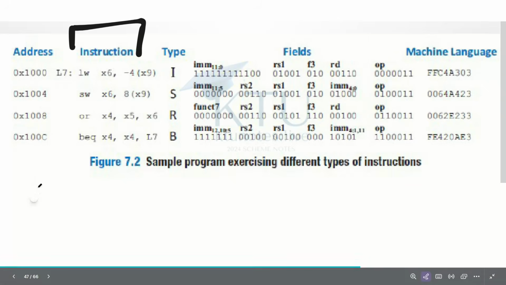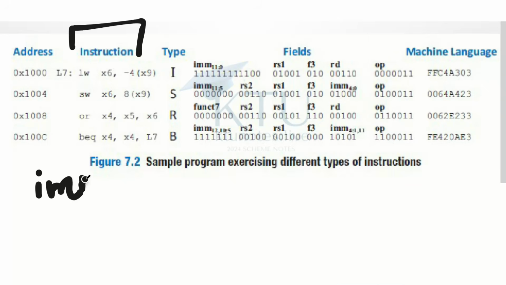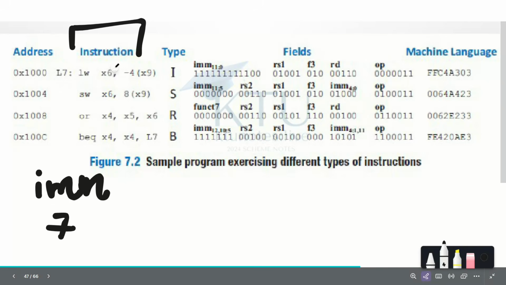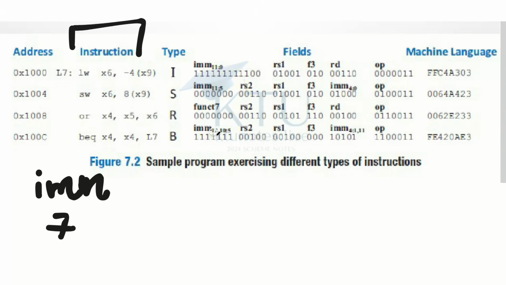In type I, we have the immediate first, which is 12 bits. Type I has two registers, like addi, so you have the destination register RD and also one source register RS1.